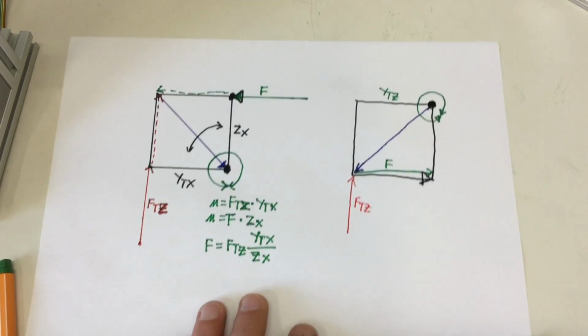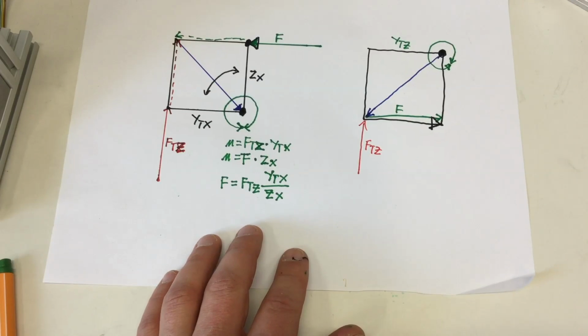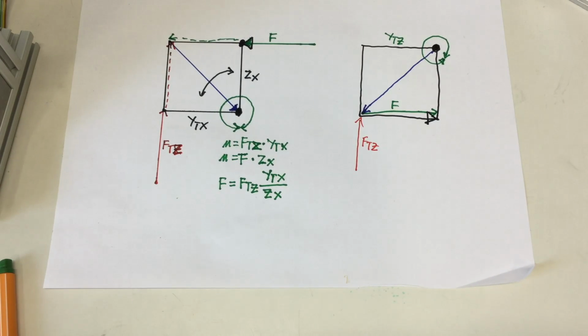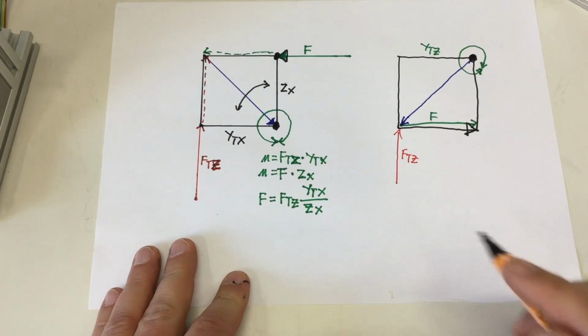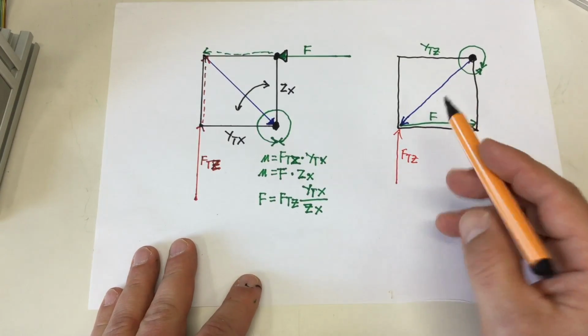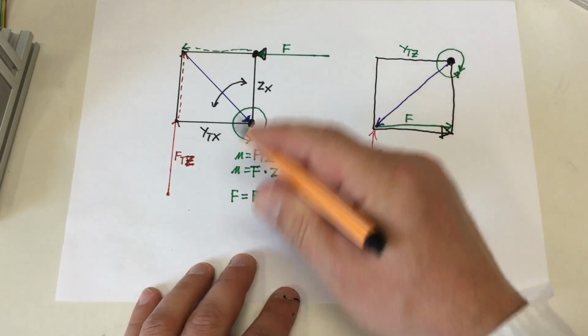So now we have two solutions, and both seem to work. So what's the truth? The truth is actually, and that's called a superposition, we take both solutions and we mix them.